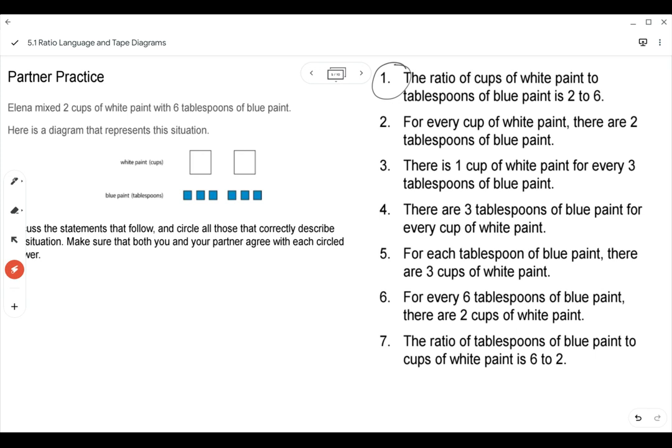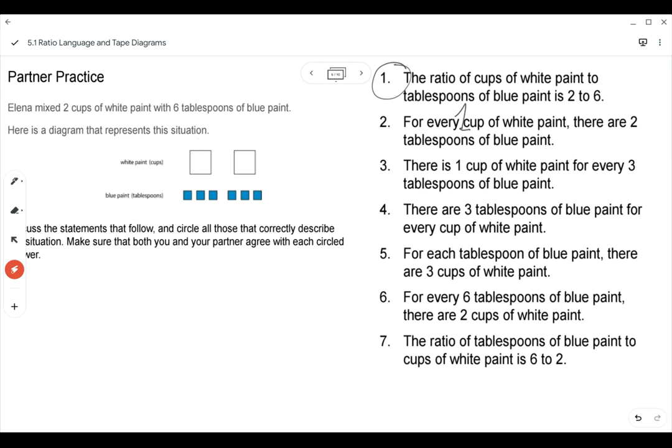Next one. For every cup of white paint, there are 2 tablespoons of blue paint. It doesn't have a number. If we don't see a number, we're going to assume they mean the number 1. So for every 1 cup of white paint, there are 2 tablespoons of blue paint.